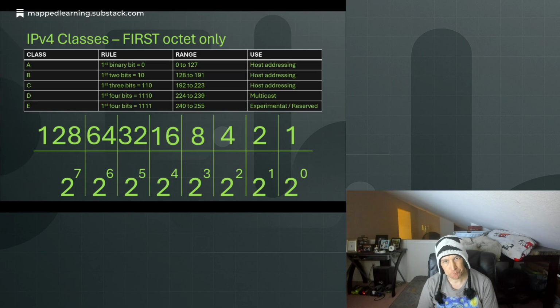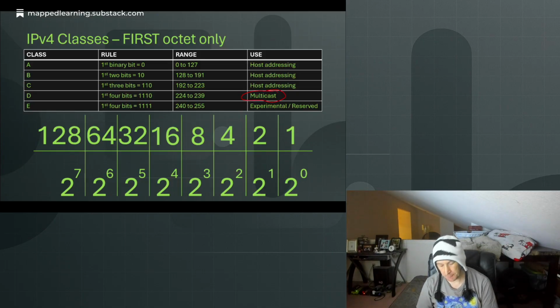Class D, if you look at the last column here in this table, we have what's called multicast addresses. Now, I'm not going to talk about that right now. It's very complicated, but this just means mass communication. And that's what Class D is used for.